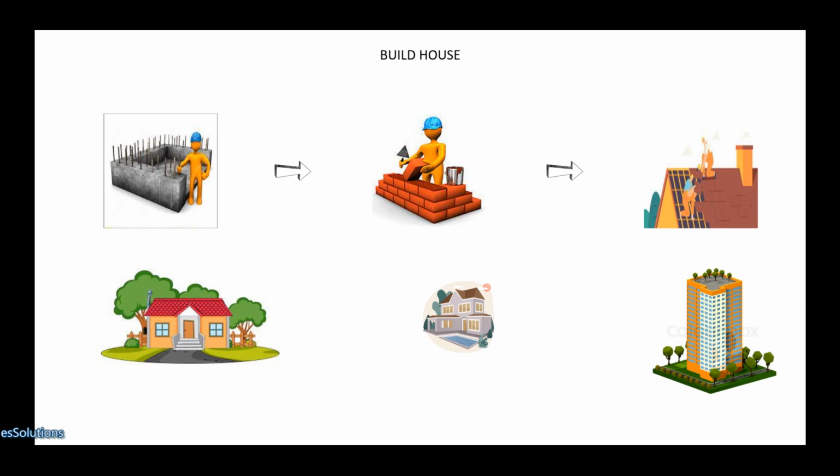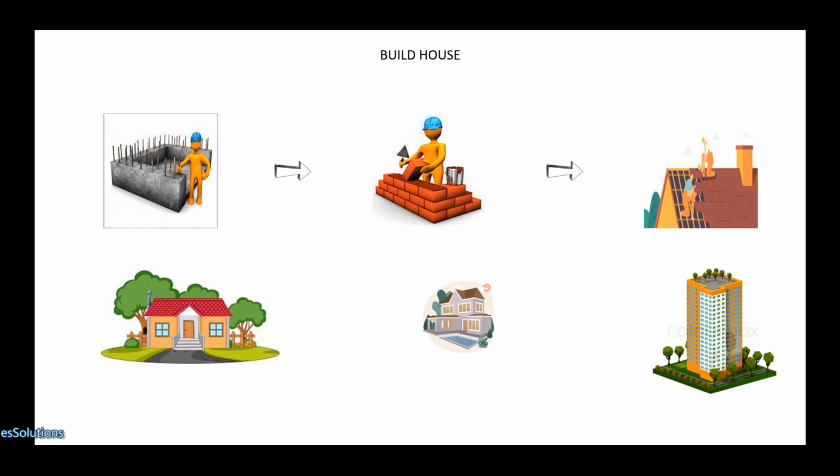If tomorrow we want to have a skyscraper, it will still need to have started from the foundation, raised up with block works, and then on top of that we have our roof. So you see, we have, so to say, a template for how a building is built.